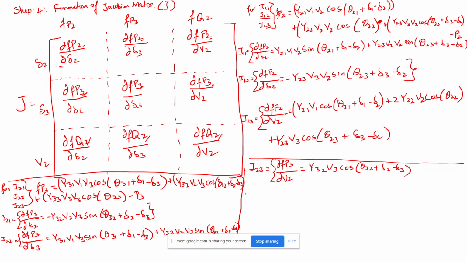Then the Q2 equation, because this is the one we need to find.